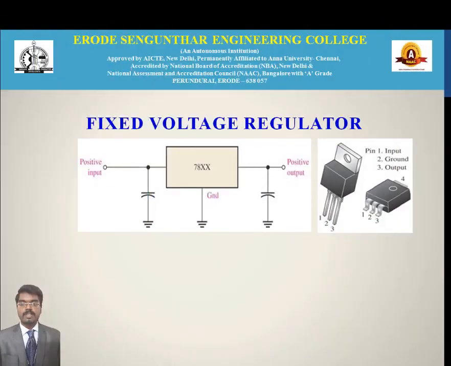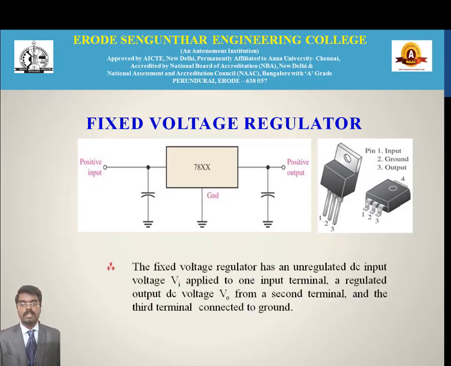Basically, we will be using two types of voltage regulating ICs, that is 78 series regulating IC and 79 series regulating IC. The 78 series voltage regulating ICs are positive voltage regulating ICs, and the 79 series voltage regulating ICs are negative voltage regulating ICs.